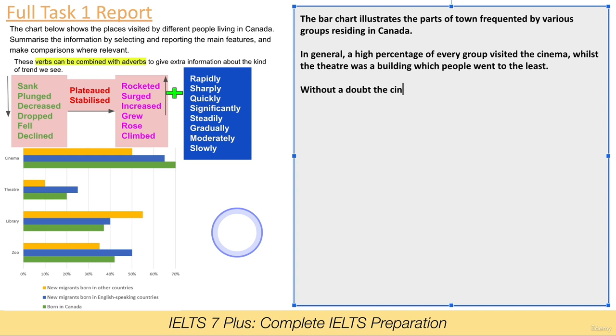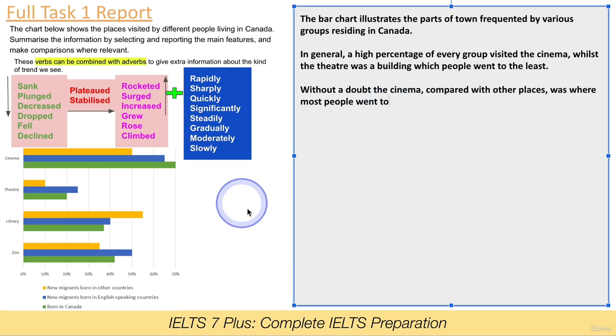The cinema, compared with other places, was where most people went to, or the majority of individuals went to. Okay, so now we can go into some detail here.